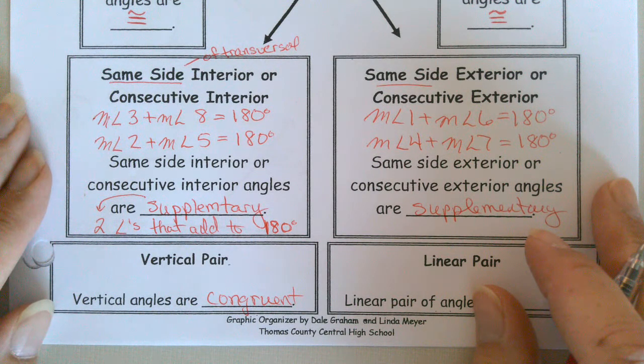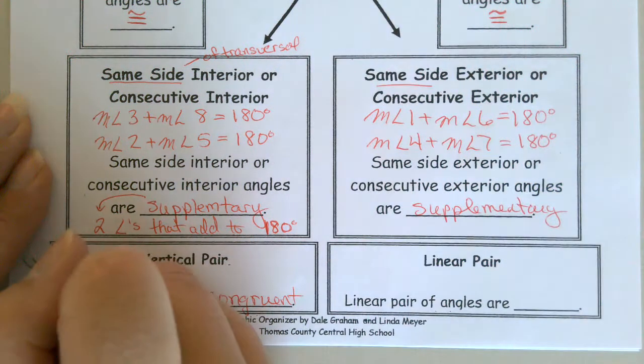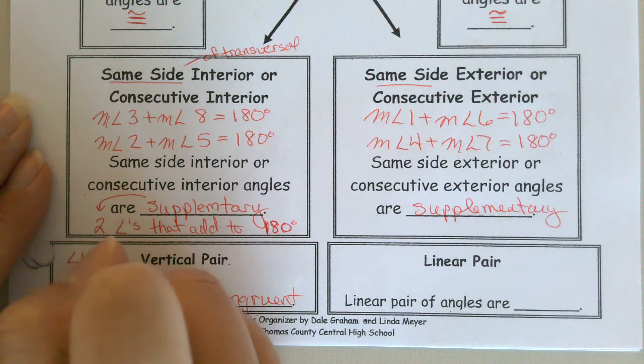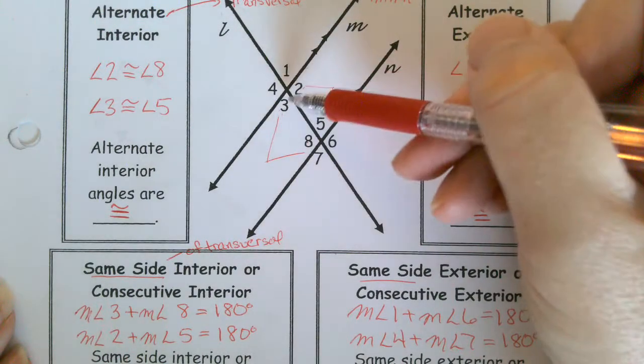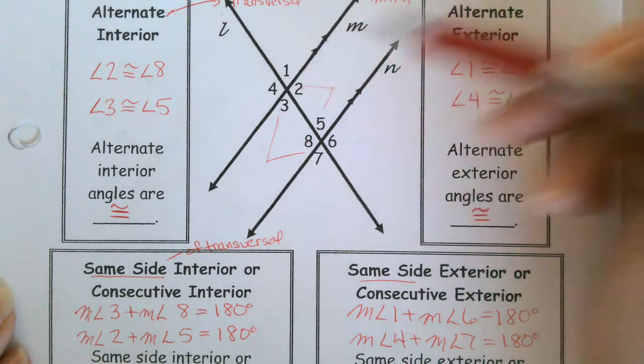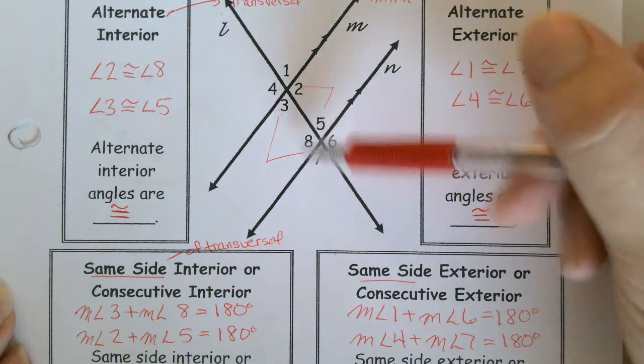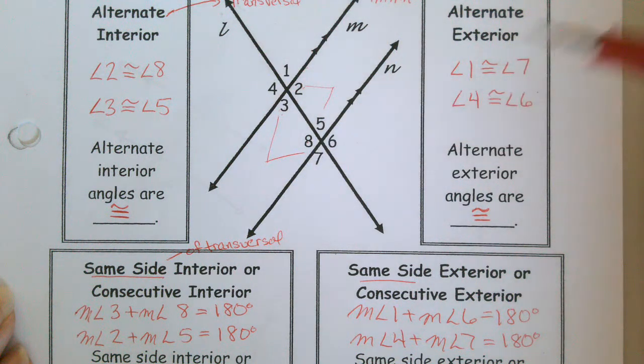And then look back up your picture. 1 and 3 are vertical angles. So angle 1 is congruent to angle 3. Angle 2 is congruent to angle 4. So here again, 1 and 3, 2 and 4. All right, take a minute and determine what your vertical angles are here. What would 5 go with?